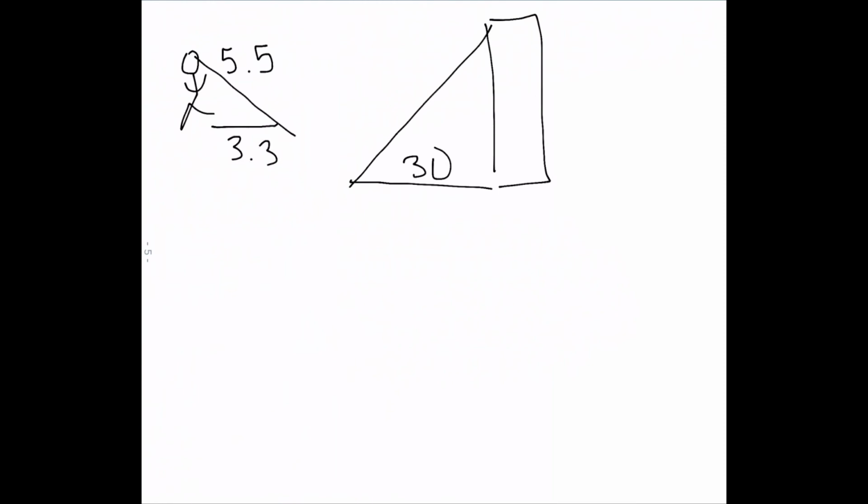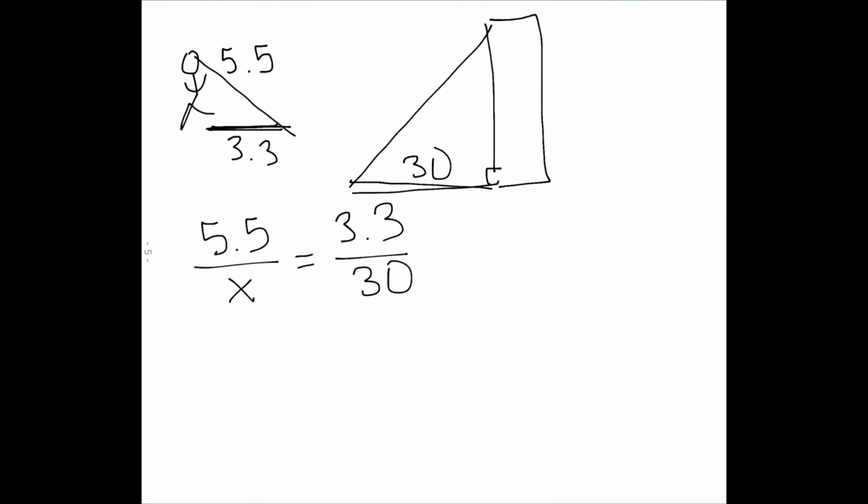While technically these triangles should be facing the same direction, that's okay. Similar triangles from geometry tells me that her height divided by the height of the building should be equal to her shadow divided by the shadow of the building.